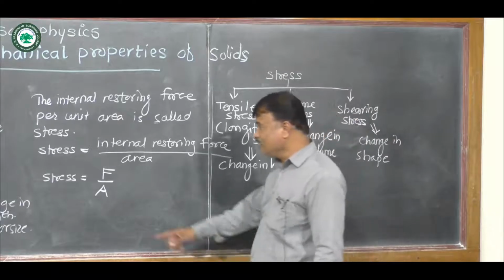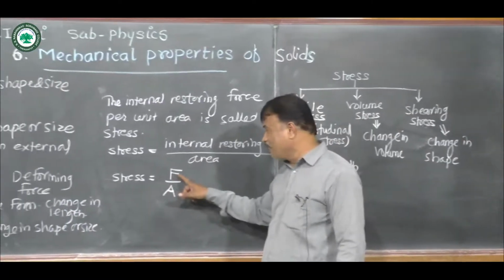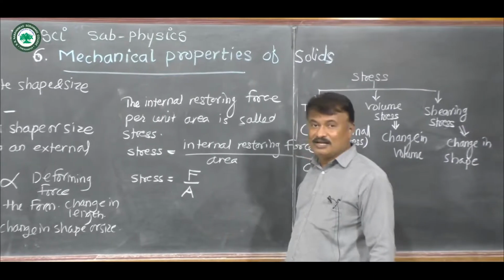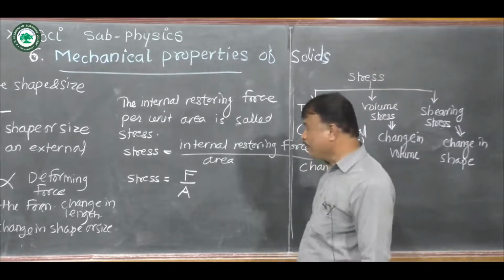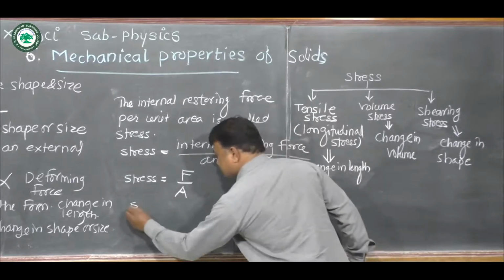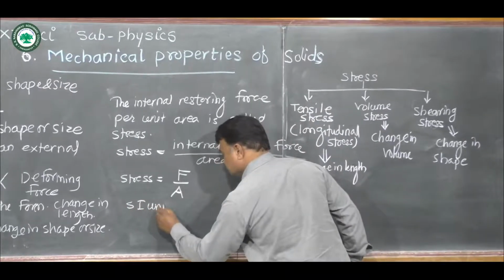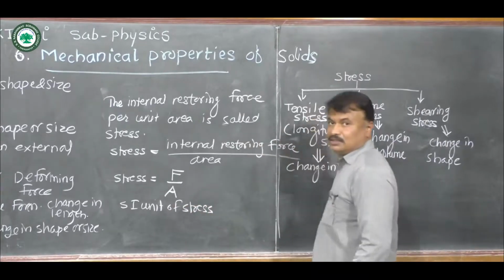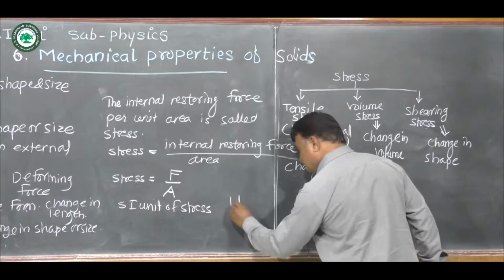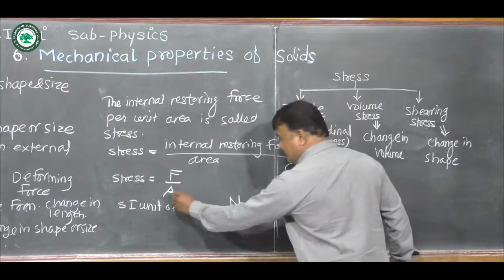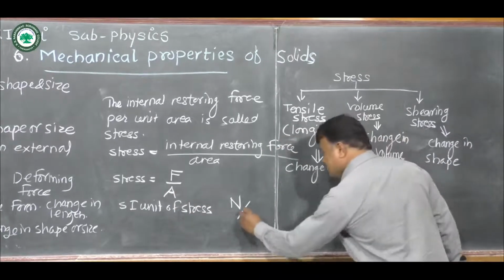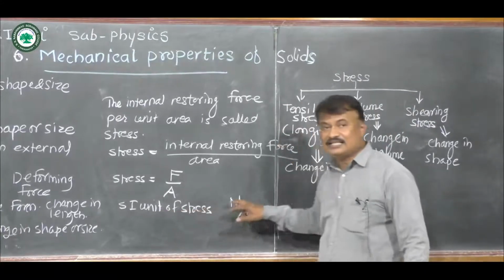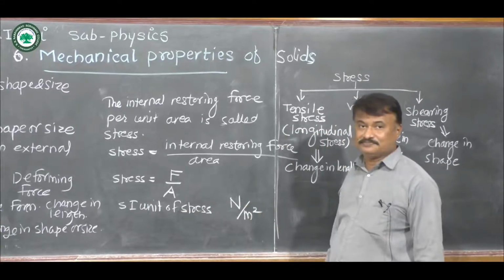Now come to this formula of stress. Stress is equal to applied force upon area. With this formula, we can find out the SI unit of stress. SI unit of force is Newton. SI unit of area is meter square. So SI unit of stress is Newton per meter square.